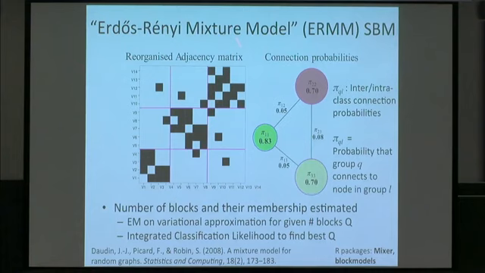It's nothing more than a stochastic block model, but it's a particular implementation. It uses EM on a variational approximation, like Peter was talking about just before lunch. And also really handy is that it uses something called an integrated classification likelihood to estimate the number of blocks. So it's a handy, efficient package.